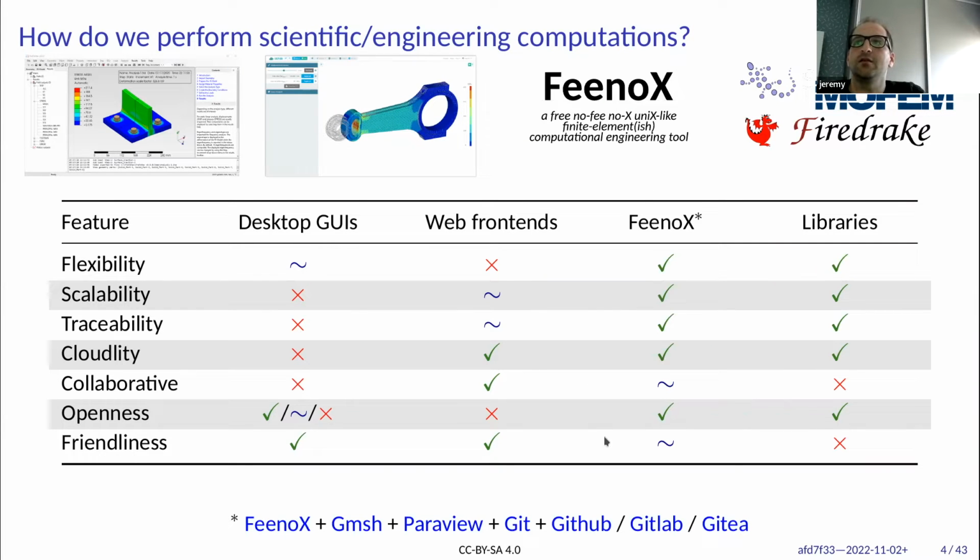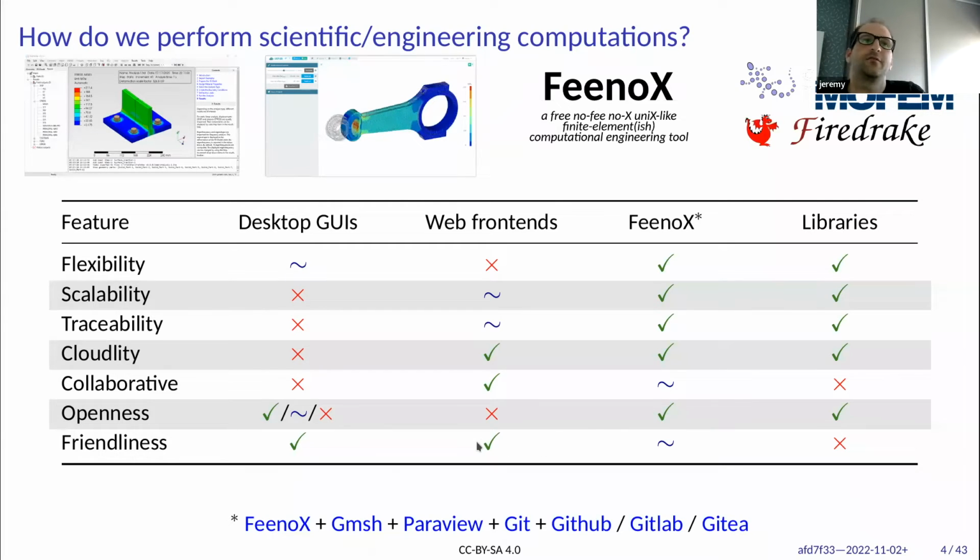FeenoX to traditional software is like Markdown to the traditional way of doing stuff. So it sits in the middle. It provides a lot of the good stuff, and it's more or less friendly.